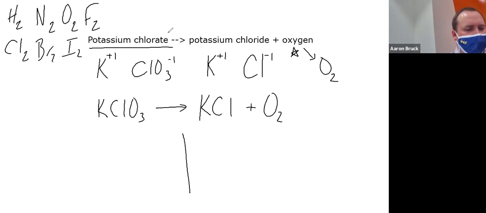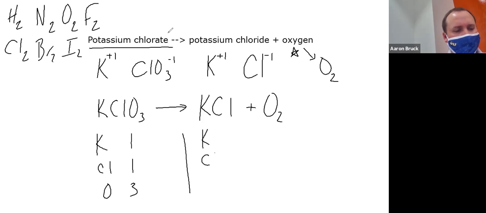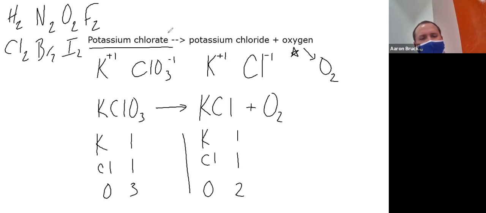But now we go to balance. I have 1 potassium, 1 chlorine, 3 oxygens. 1 potassium, 1 chlorine, 2 oxygens. Remember our rule of thumb. If we get to a spot where we have an odd number needing to be balanced by an even number, the way to get around that is to double everything else.